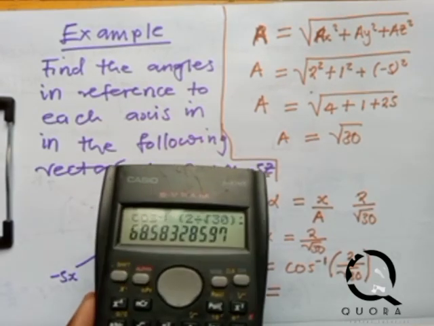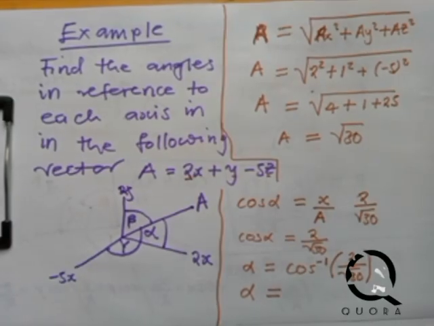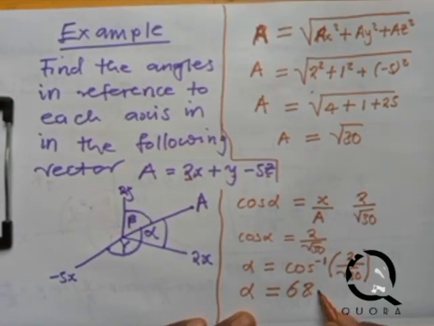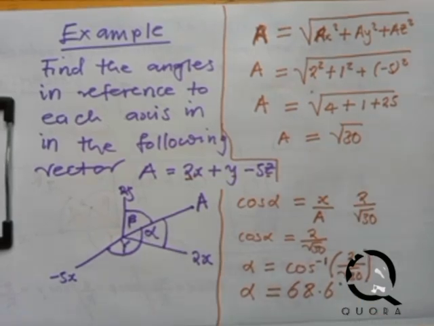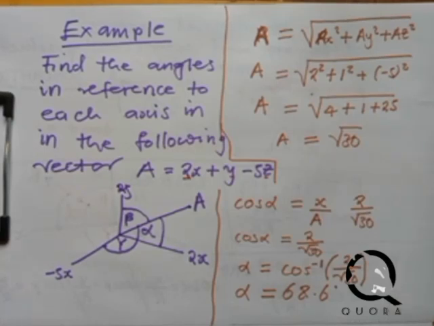When we round this off, we are going to have 68.6 degrees. That is the angle which is made between the x-axis and the resultant, which is A.